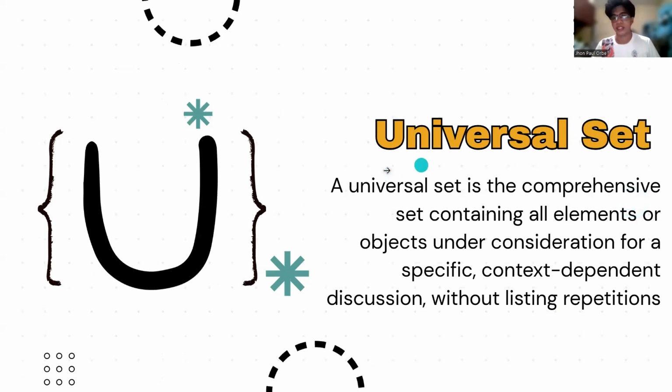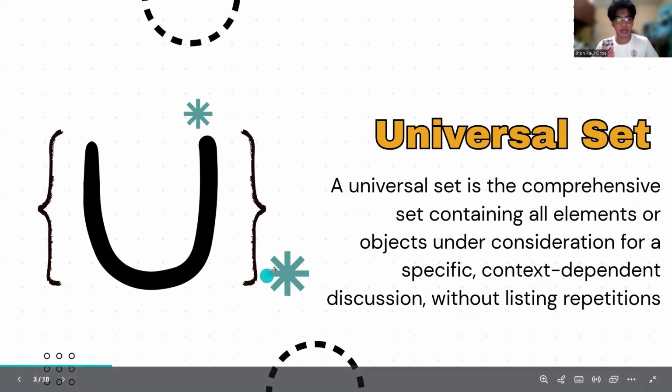So next is the universal set. A universal set is a comprehensive set containing all elements or objects under consideration for a specific context-dependent discussion without listing repetitions.